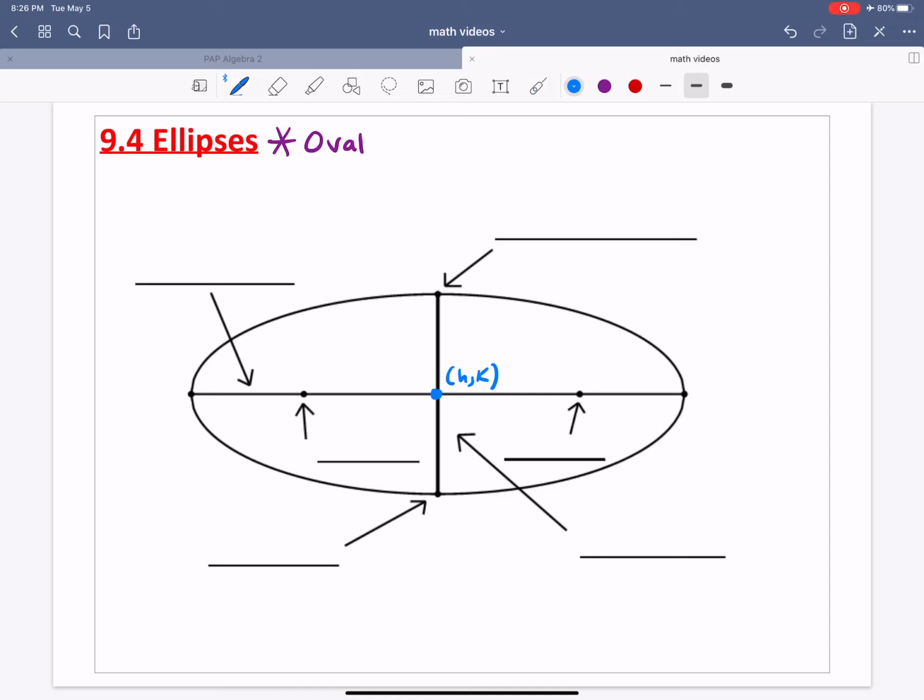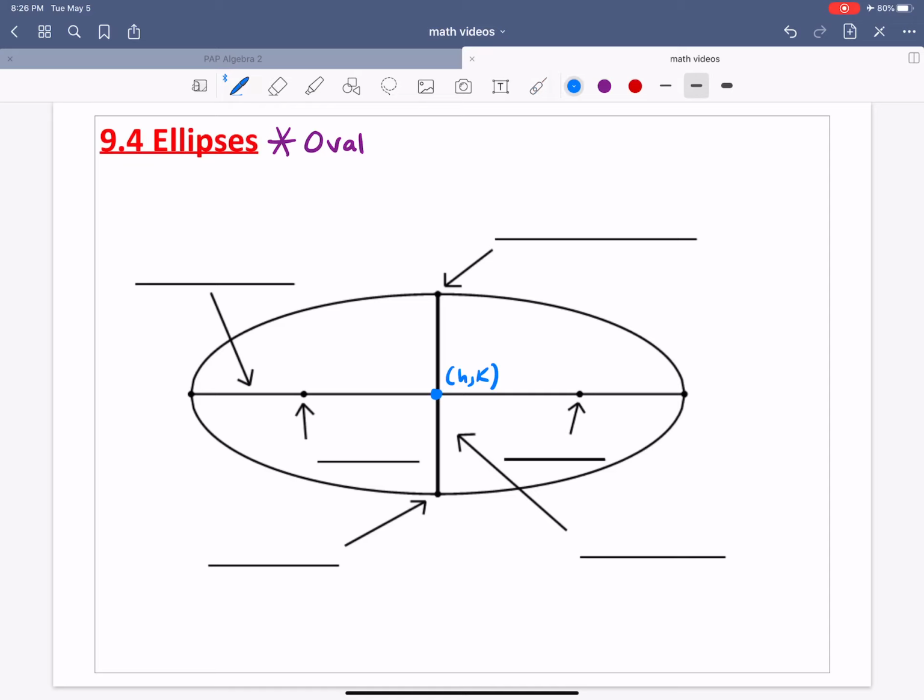Okay? Next attribute that we'll see is these points in the opposite direction from the center. This is called a covertex. So obviously, if you had to guess the plural of covertex, it would be covertices. Covertices, okay?